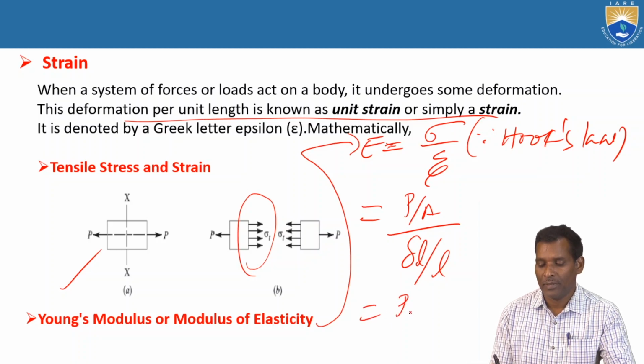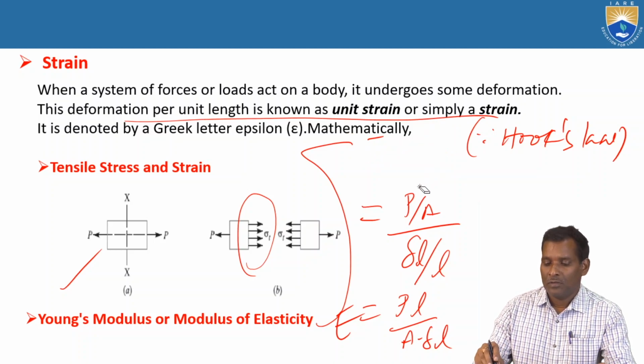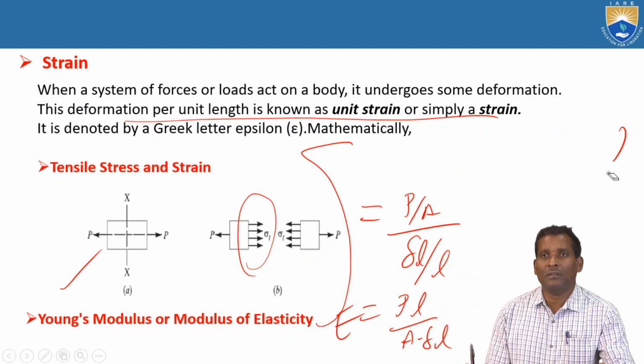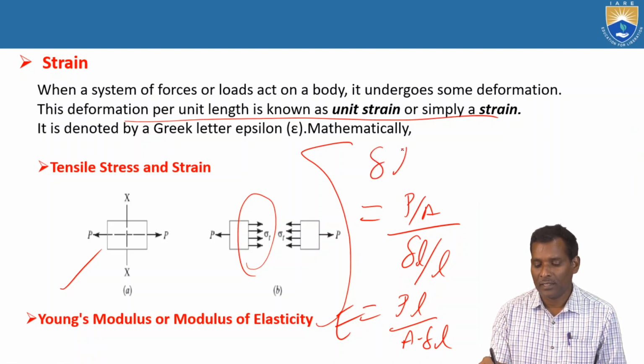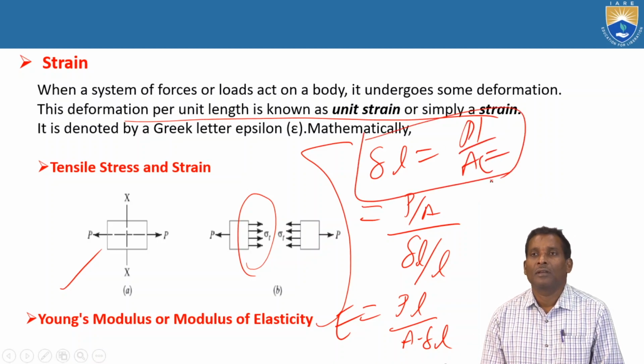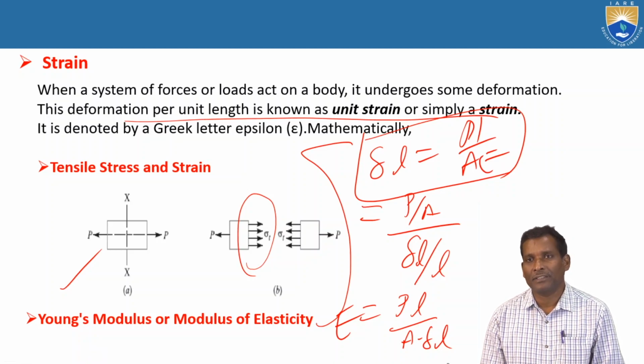So E is equal to PL by A delta L. You can also write it like this: E is equal to PL by A into delta L, so delta L is equal to PL by AE, in terms of area and Young's modulus. Units are Newton per mm square.